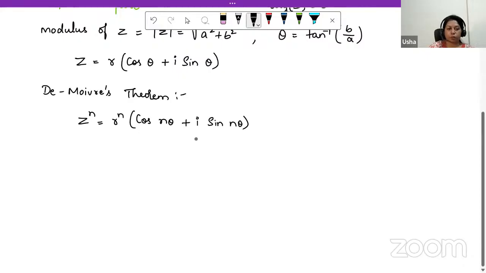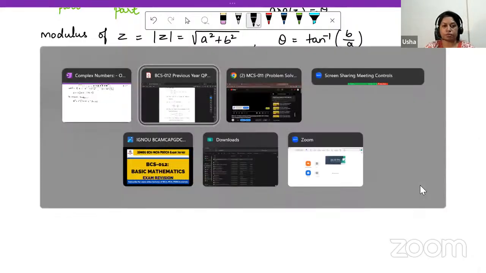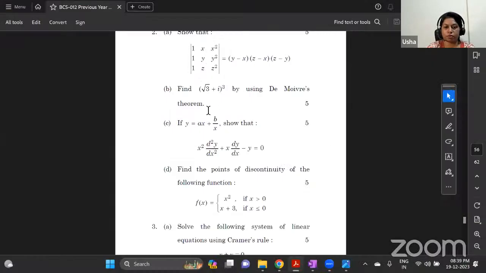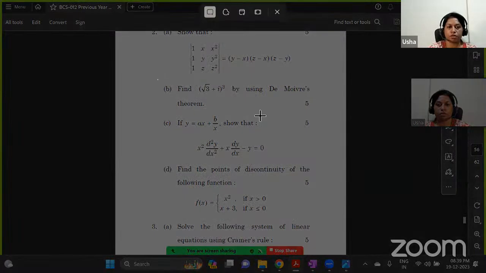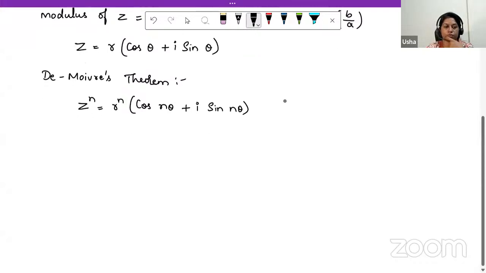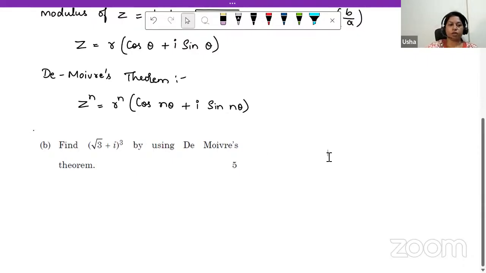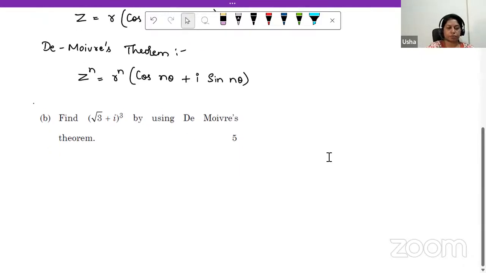So for the given question, let us take the question. You need to find the value of (root 3 plus i) whole power 3 using de Moivre's theorem.